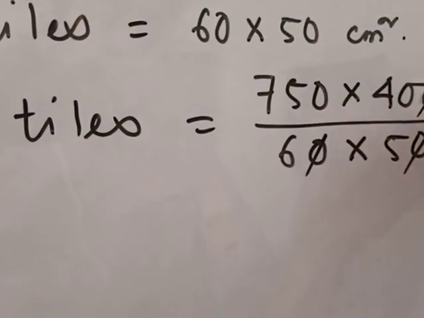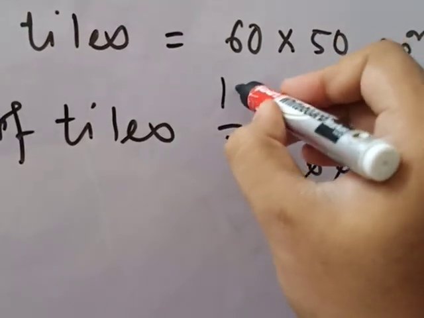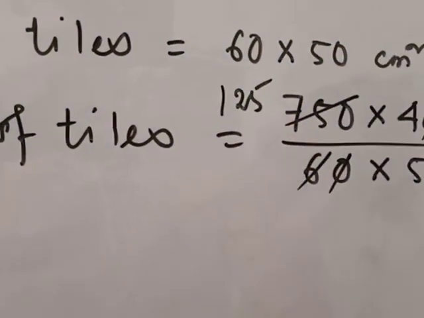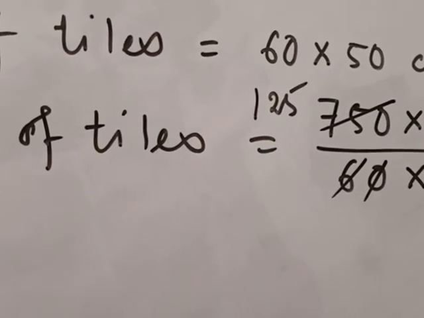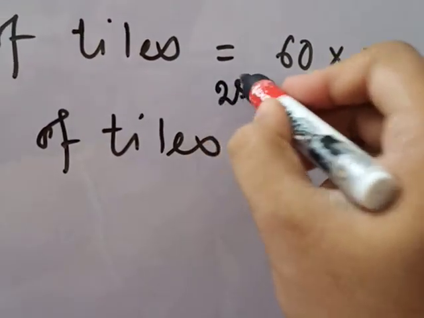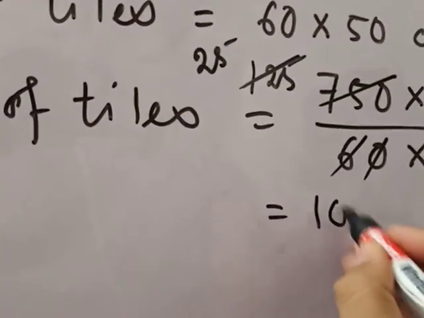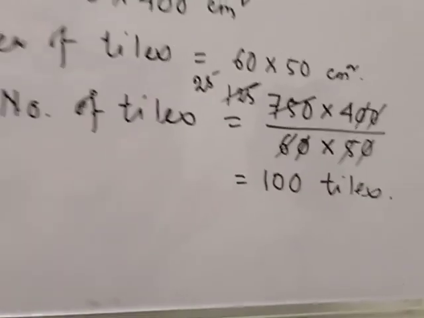So the zeros are cancelled. 6, 125, 5, 25. So 100 tiles are needed for that.